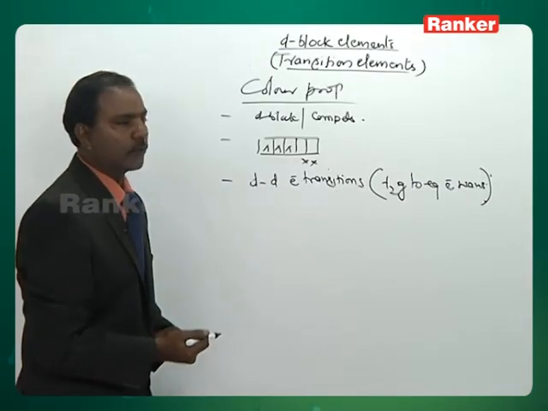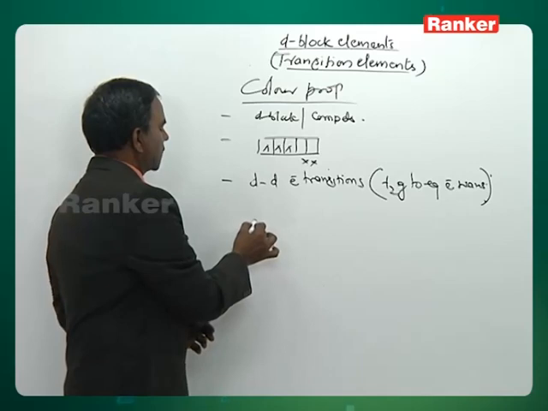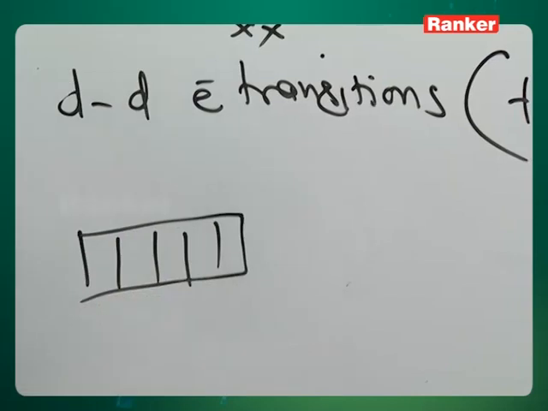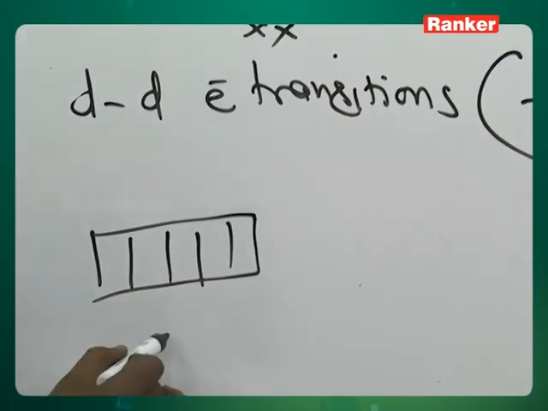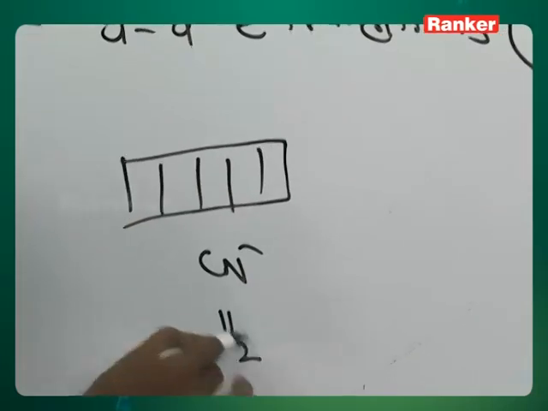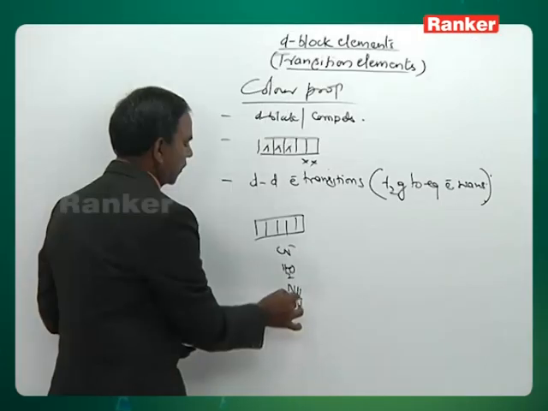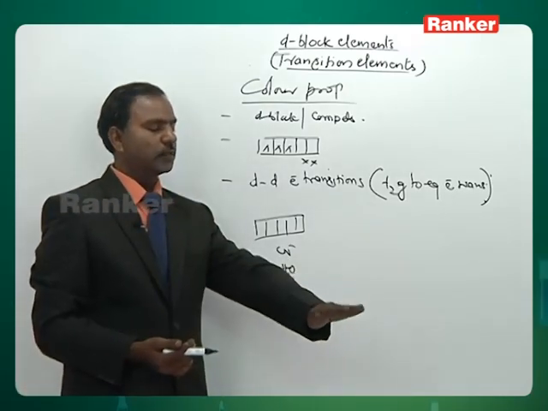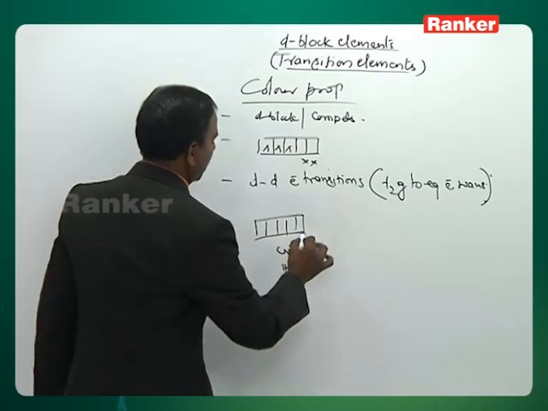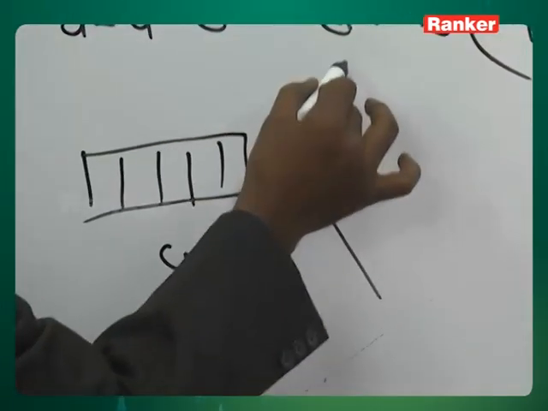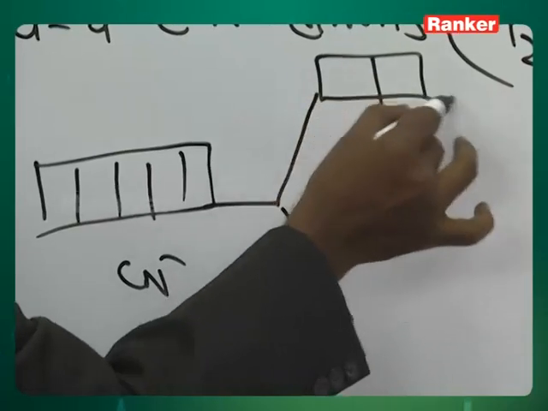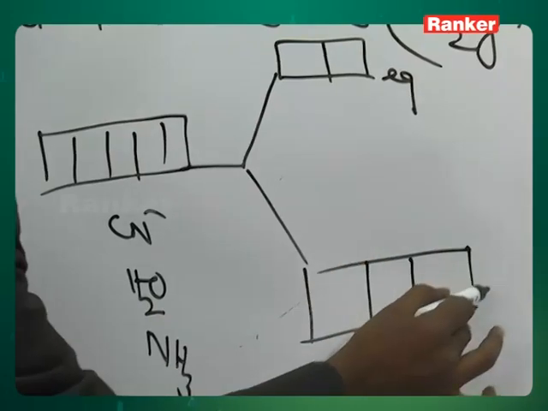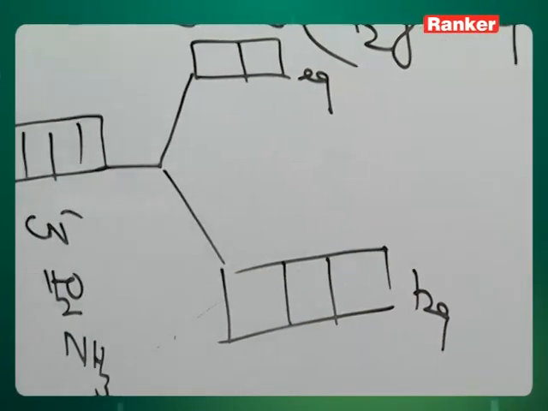According to crystal field theory, you might know the 5 d orbitals, under the influence of any ligand, consider CN minus, an aqua ligand, an amine ligand, you can take any ligand, split into different energy levels. The higher energy level we consider eg, and the lower energy level we consider t2g.